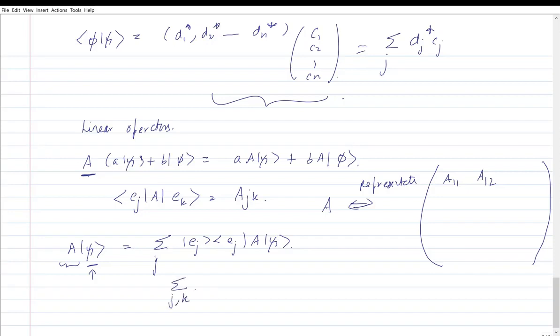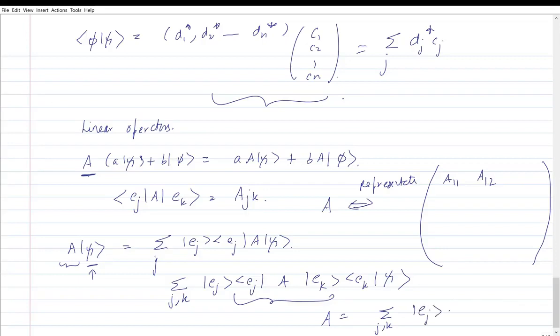So I insert the identity at two places. And notice this quantity. This is the matrix element. So I get some sort of an outer product notation, what I call. I get sum over jk of ej, ajk, this was the ajk element, and ek.